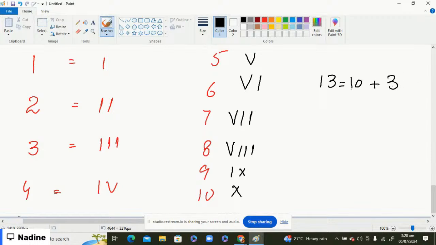Okay. So for 10 it's X and for 3 it's 3 I's. Now you got it? Okay, now I'm going to write it and you guys tell me the answer of this one. What is 16? It's 10 plus 6. Okay, everyone tell me the answer. Quickly, everyone.